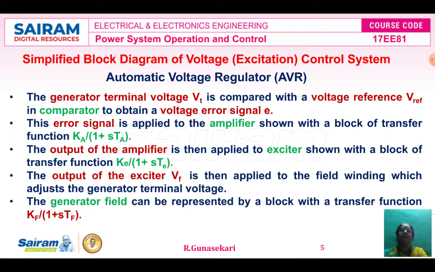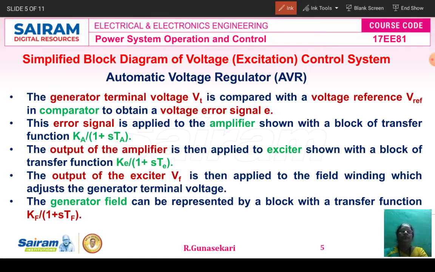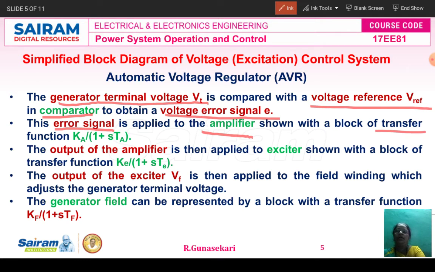Here you see, the generator voltage Vt is compared with the reference voltage in the comparator to obtain the error signal. I already told this. Then this error signal is applied to the amplifier. The transfer function of the amplifier is Ka divided by 1 plus S Ta, where Ta is the time constant of the amplifier and Ka is the amplifier gain.